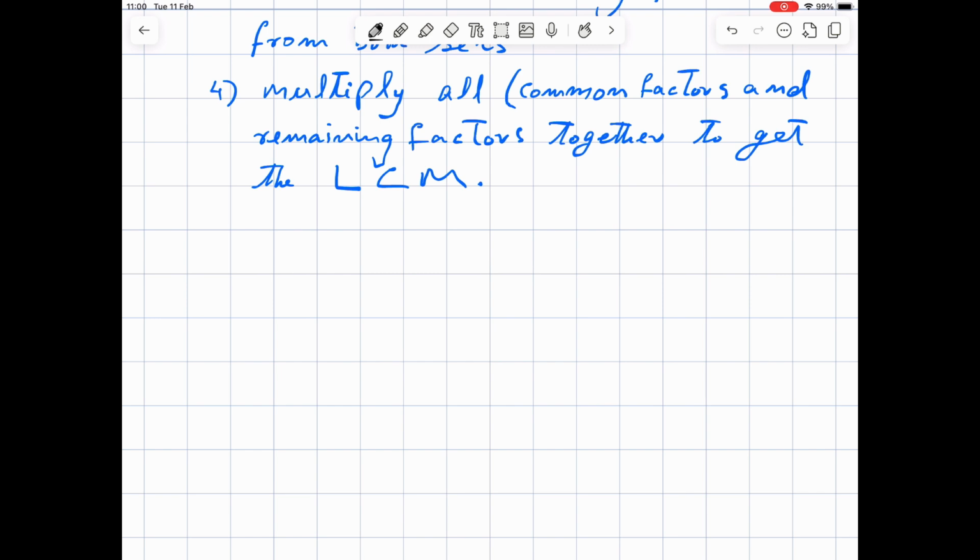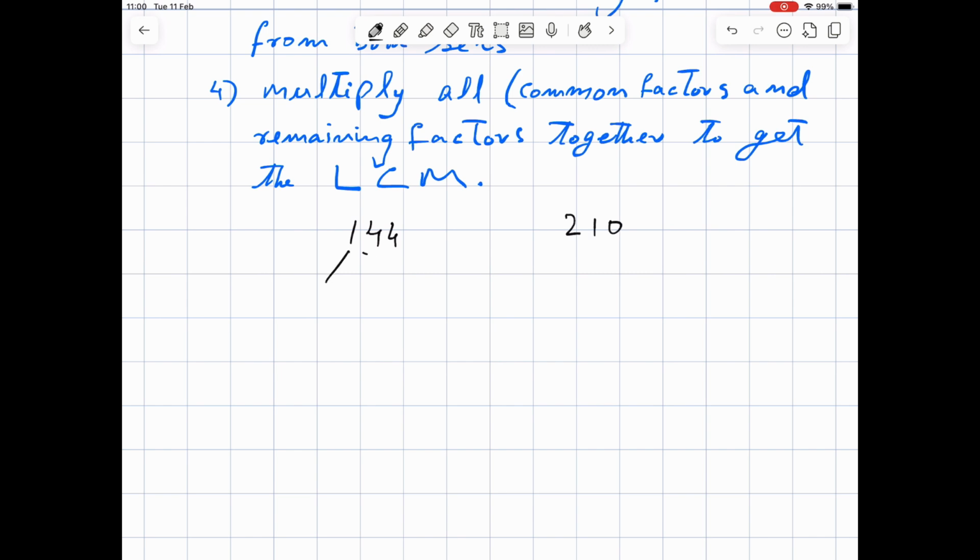So let's do an example of LCM. So we pick up 2 numbers, 144 and 210.